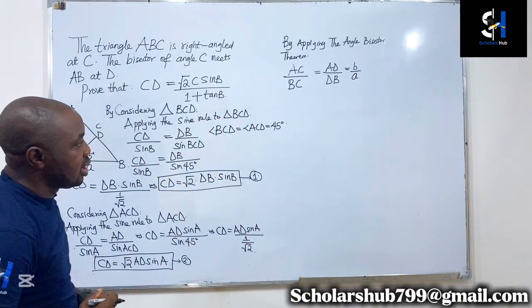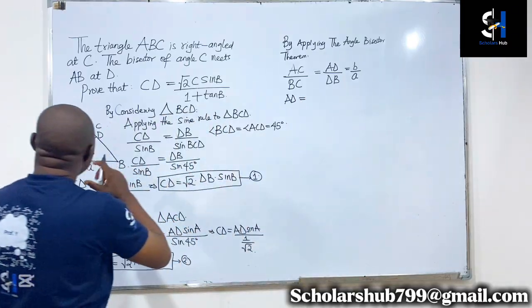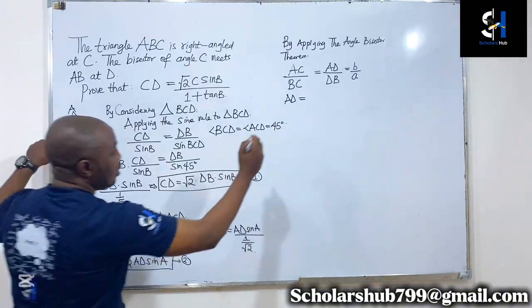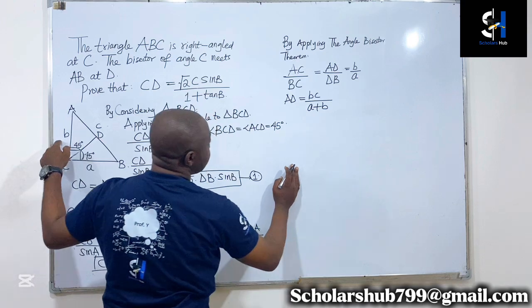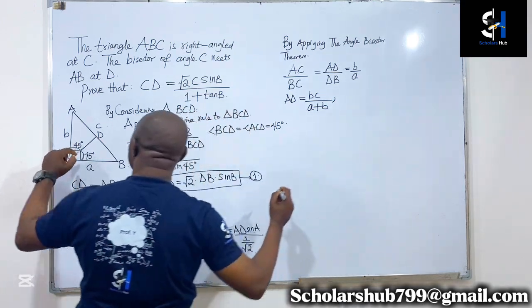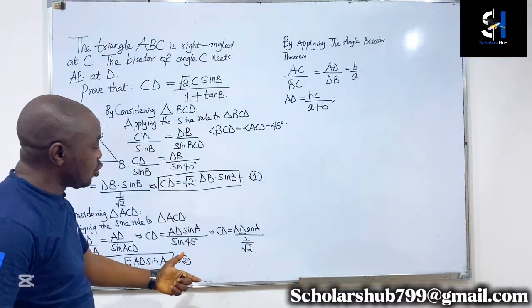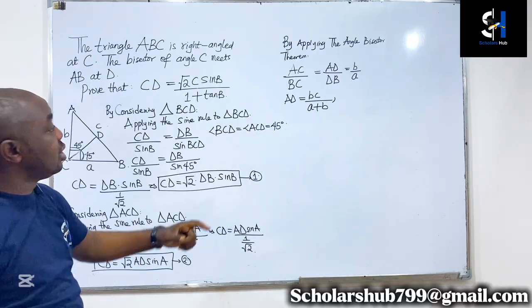So if you want to find AD, according to the theorem, AD will be the product of b and c, divided by a plus b. Then for DB, like I said, we can use any one of these two equations to prove that the side CD equals this.